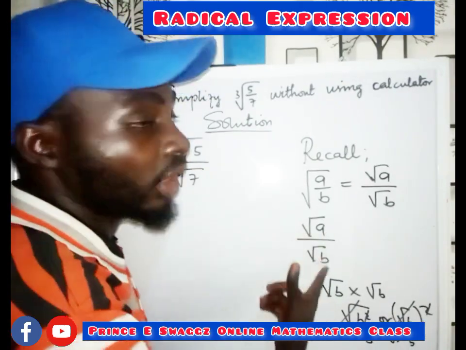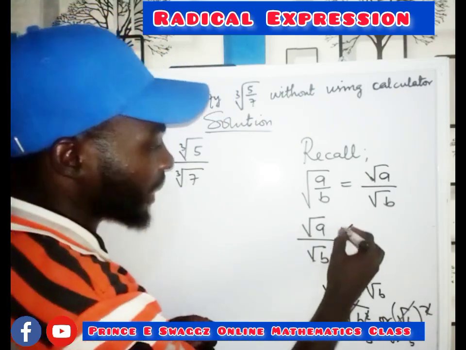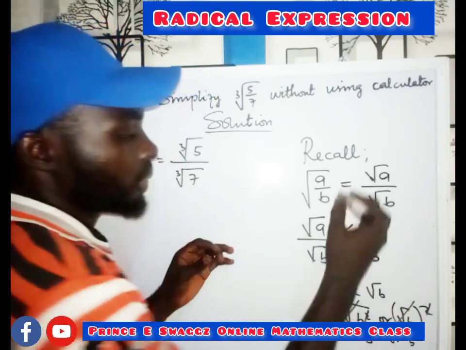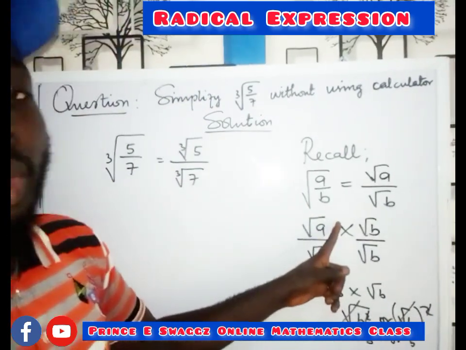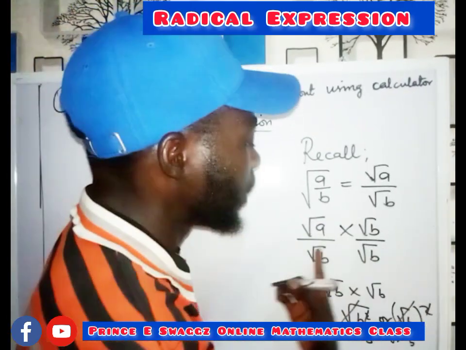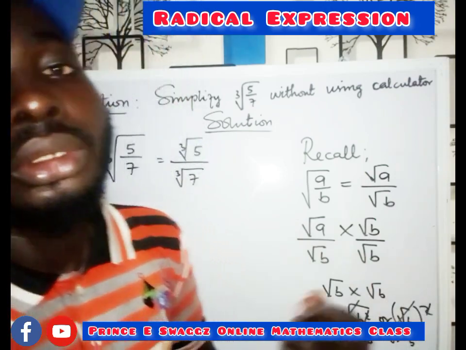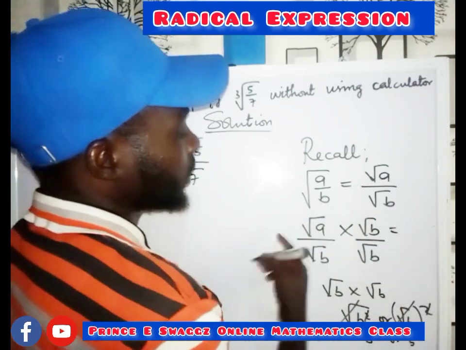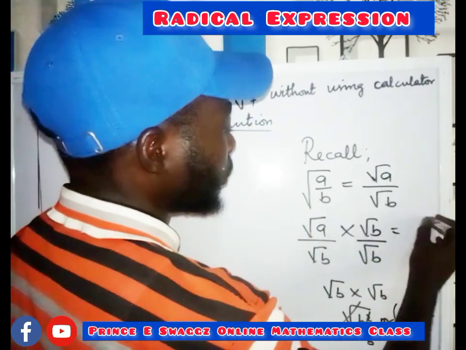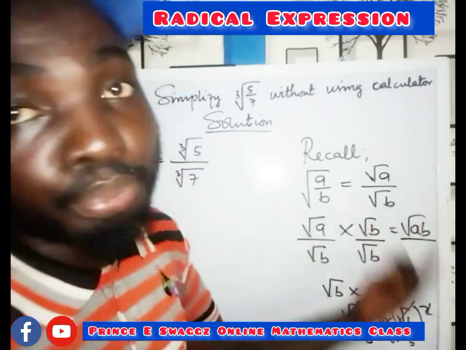So if you have to rationalize this, since it is just two of it, just multiply it by root b over root b. That is, you multiply the numerator and denominator by root b. Since if you multiply the denominator twice, it's going to give us a rational number. The numerator, root a times root b, will give us root ab, while root b times root b will give us b.